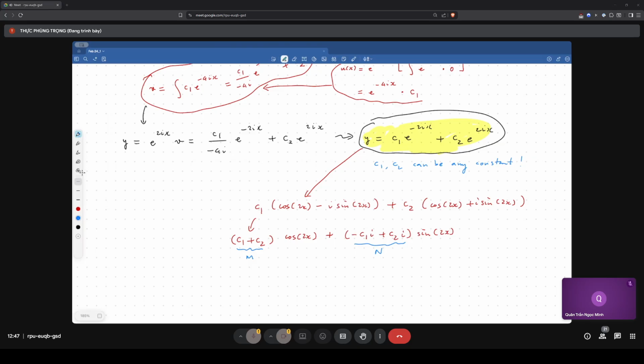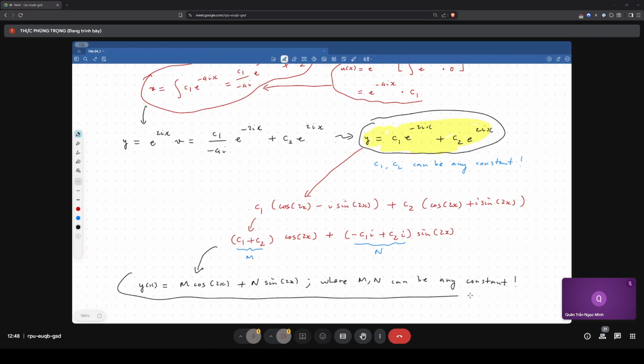And then the final answer, you can write y in the form m cosine of 2s plus n sine of 2s, where m and n can be any number. So you can write your answer in this form or this form. They are equivalent.